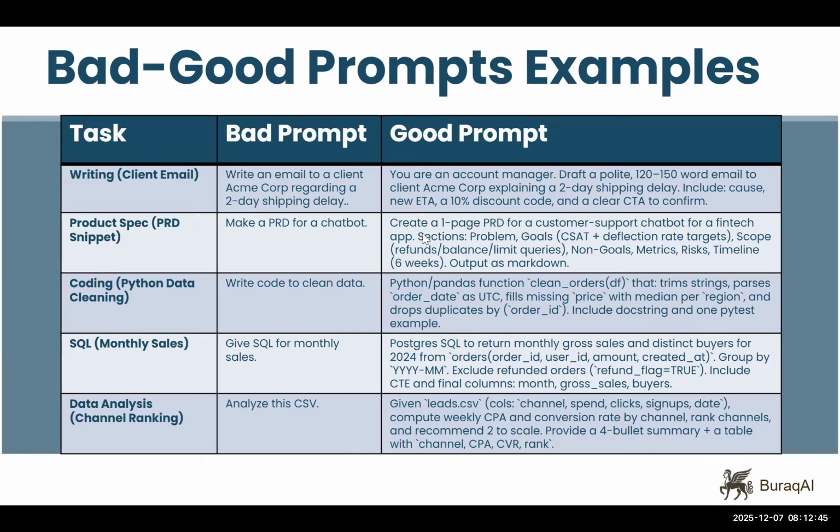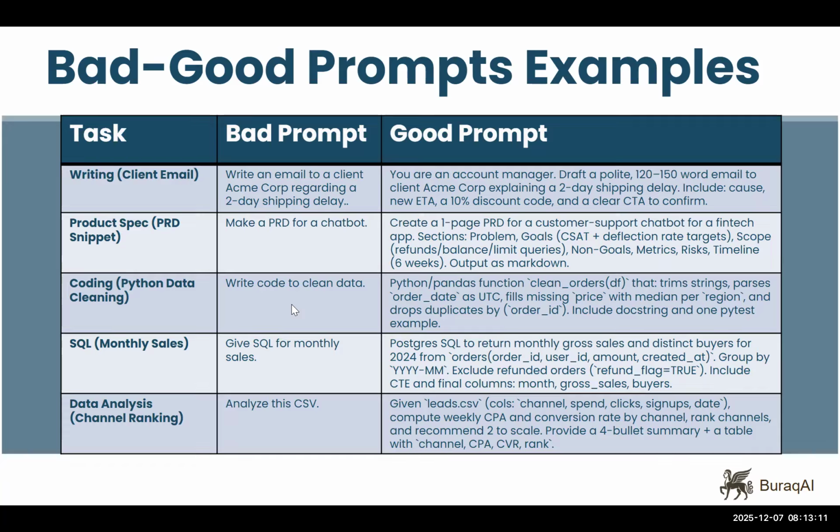A support chatbot for a fintech app. Here it is a simple chatbot, but there you're talking about a fintech application, a specific domain. Now you should have these sections: problem, goals, scope, and what it should include in each of these, non-goals, metrics, risks, timelines, output in markdown format.